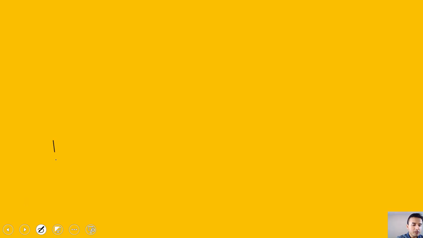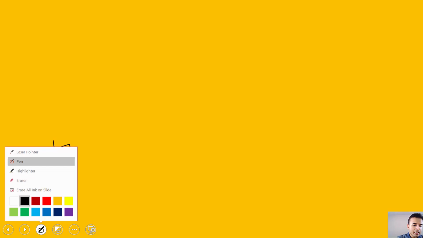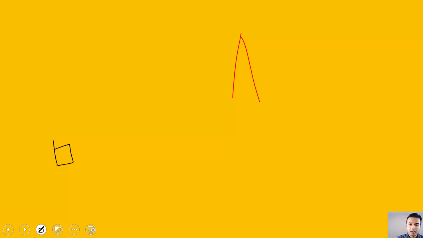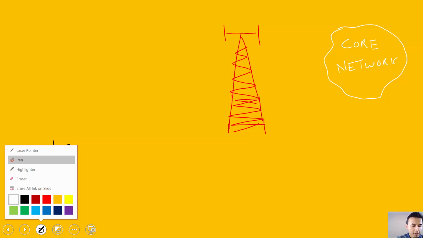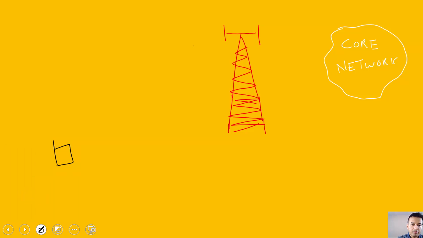So let's say this is a user over here, and this is the base station, and the paging information comes from the core network. So let's say this is the core network. In reality, the eNodeB is continuously broadcasting radio frames, right?